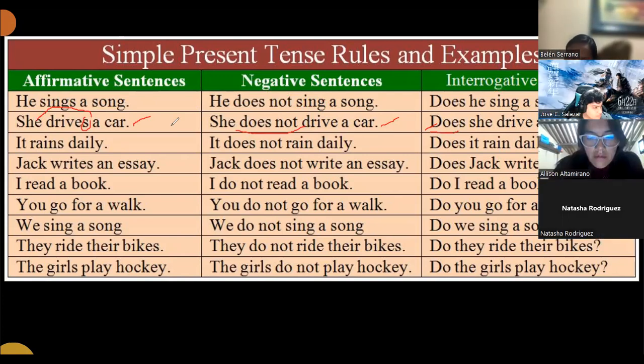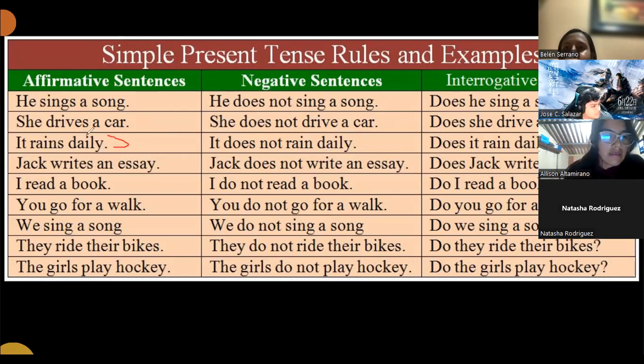Now, Alison, the next one. It rains daily. It does not rain daily. Does it rain daily?